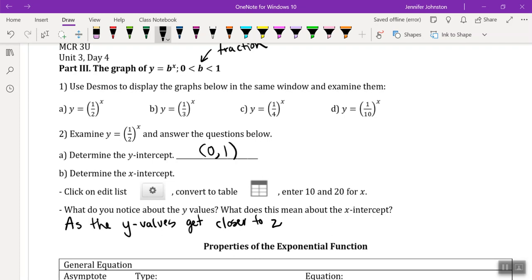So they're decreasing, they're getting closer and closer and closer to 0, but do they ever become 0? No. So never equals 0, that means that there is going to be no x-intercept.